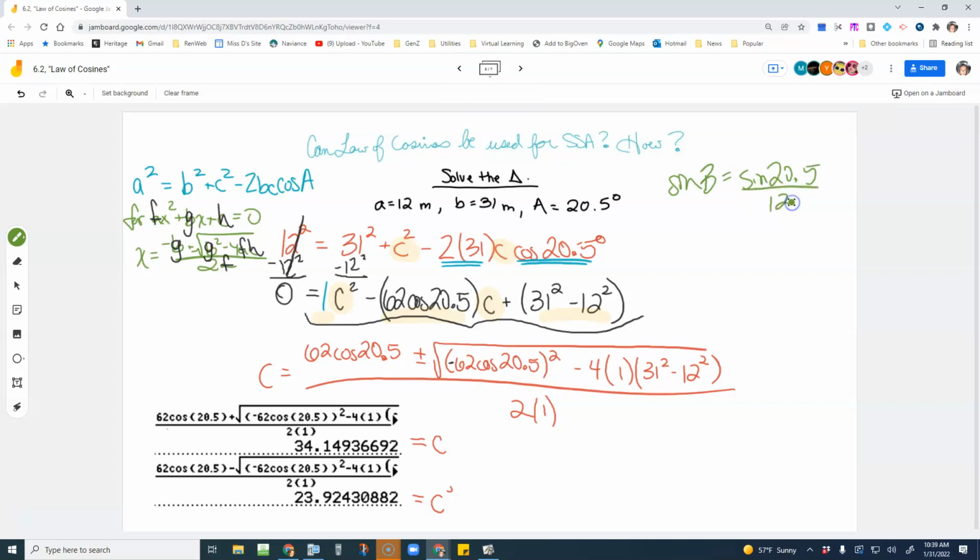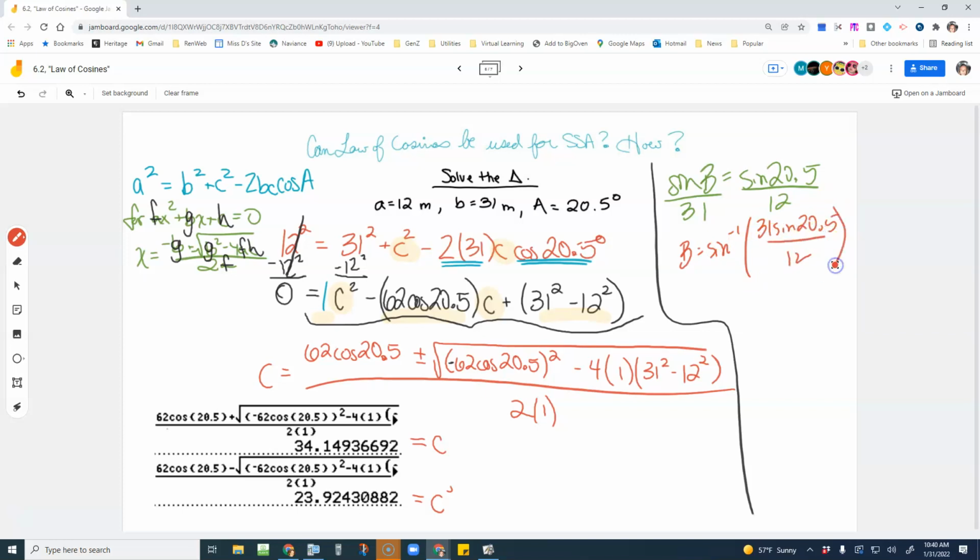Oh, I'm just going back to section 6.1 for a second. What would you rather? This math or that math? Okay, but what do you have to remember when you do this math? You might have two answers, but how do you find two answers? Because when you solve, aren't you going to get b is equal to sine inverse of 31 sine of 20.5 all over 12?